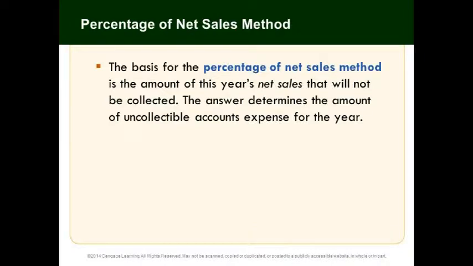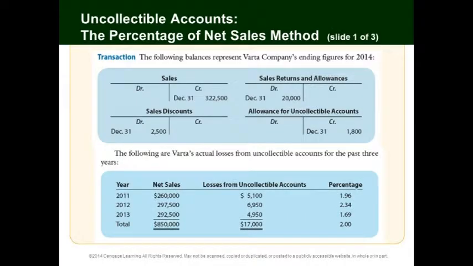So, for example, in this company, Varda company, they have sales of $322,500 in 2014. They gave away some discounts of $2,500 and $20,000 in sales returns, and at the time they did this, there was about $1,800 of uncollectible revenue.